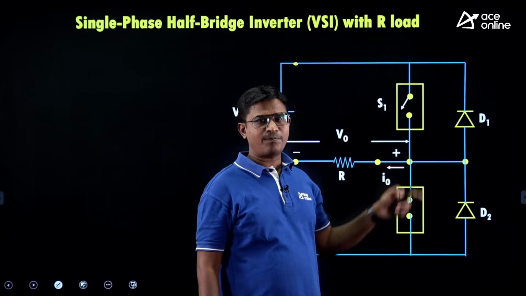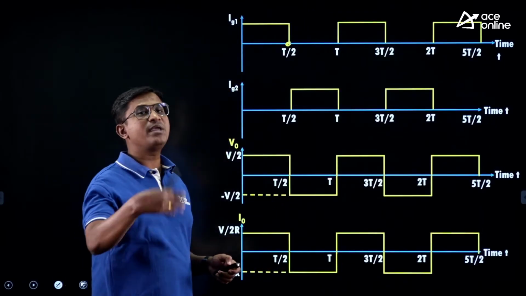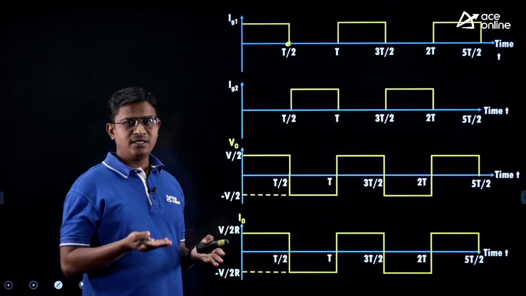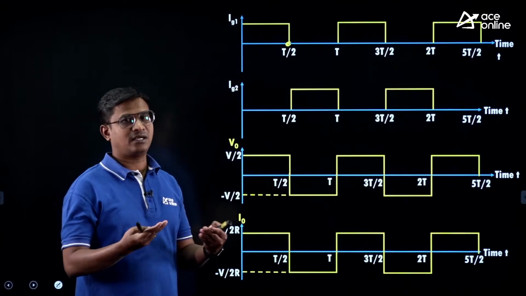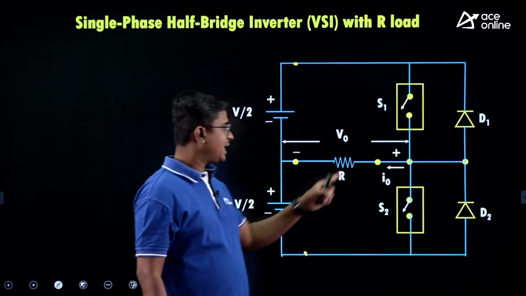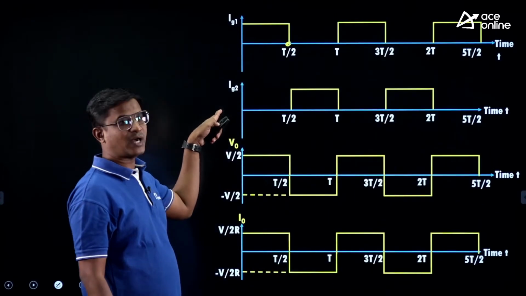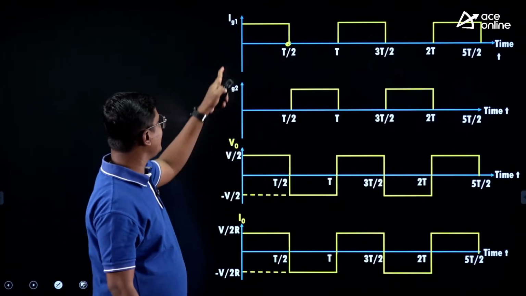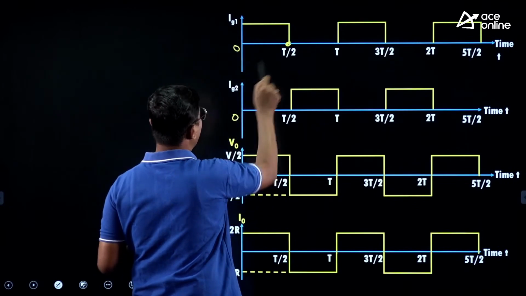In case of a power BJT, this IG1 will be IB1, that is the base current. We know the power BJT is a current controlled device, and the base current controls the BJT. So if S1 and S2 are BJTs, then IG1, IG2 are nothing but IB1 and IB2.